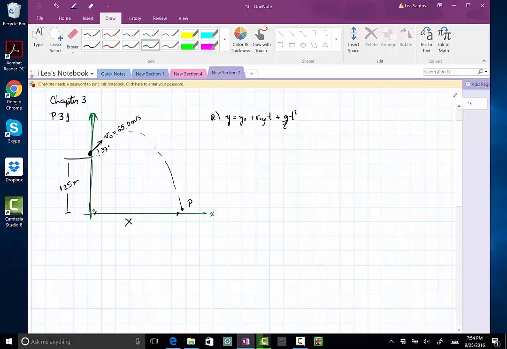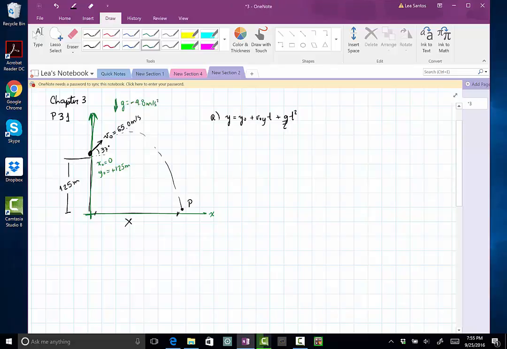The origin is down here, so this position here is 0, which means that our motion starts at x naught equals 0, but y naught equals plus 125 meters. Also, because of this choice of frame, we know that g is negative. g is minus 9.8 meters per second squared.